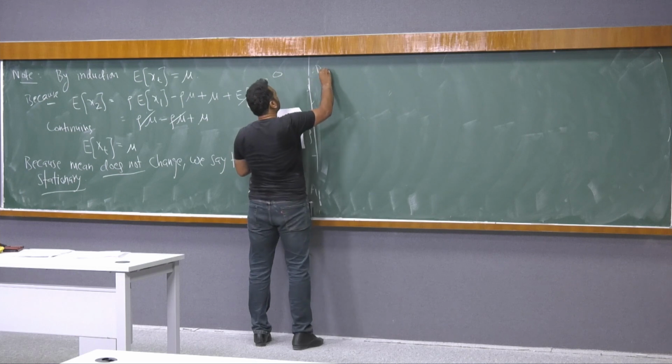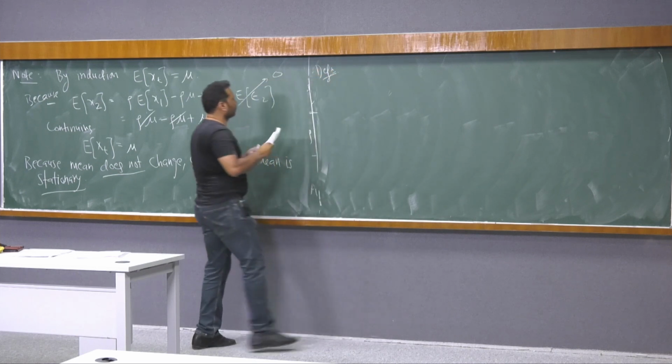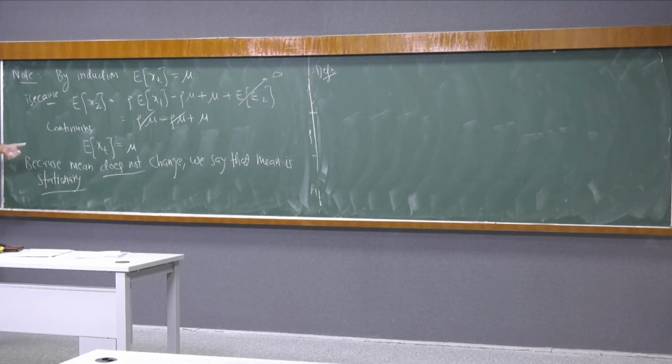Okay, so we define something called a stationary pth moment. So if you think of mean, then this is the zeroth moment, and we can define this to be stationary for the pth moment.